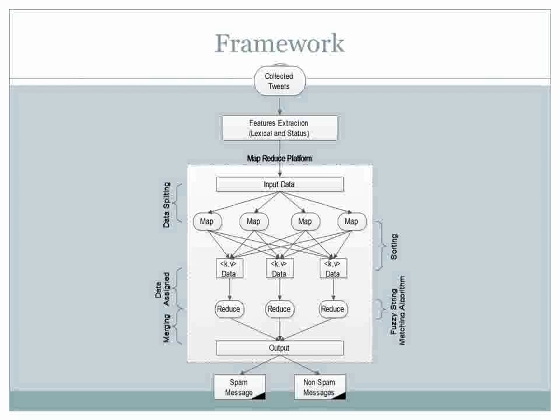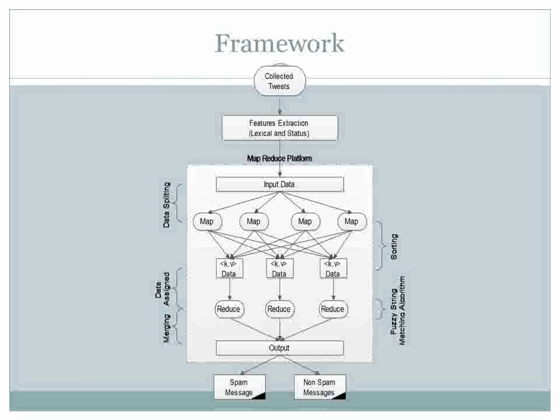Now talking about the framework of the proposed technique. Firstly, the tweets are collected, and these collected tweets are fed to the feature extraction point. Here, lexical and status features are extracted from the tweets, and these extracted features and the collected tweets are fed to the MapReduce platform. Here, firstly, the data is split and mapped to various mappers, and sorting is done.